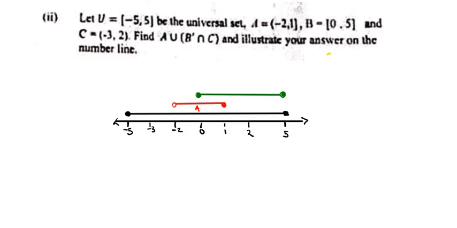Then we go to C. What is C? -3 to 2. They are all open, right?